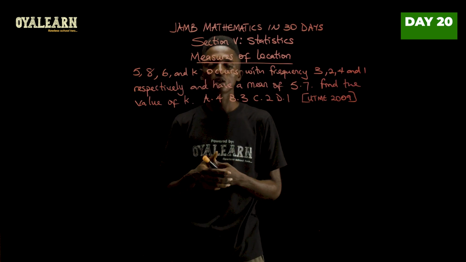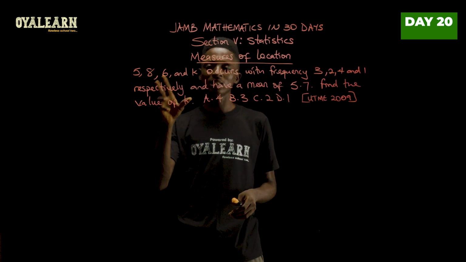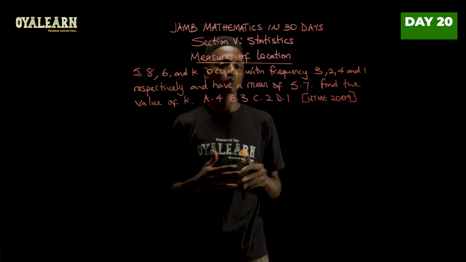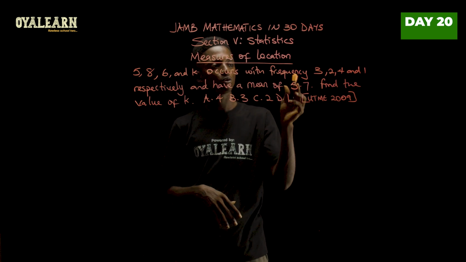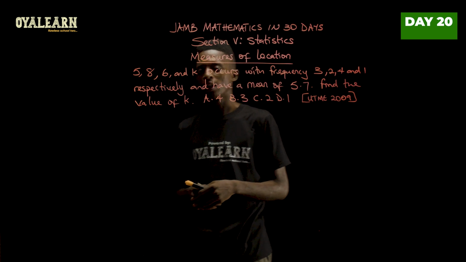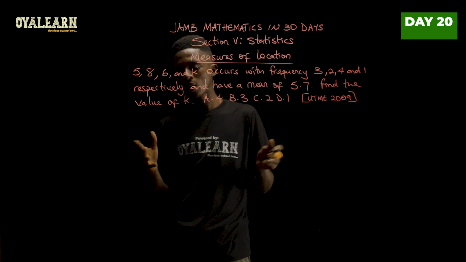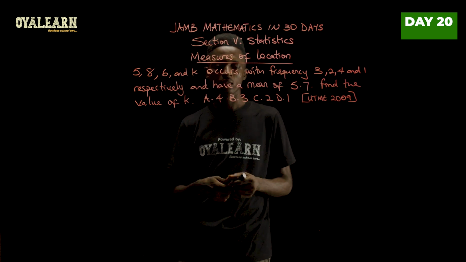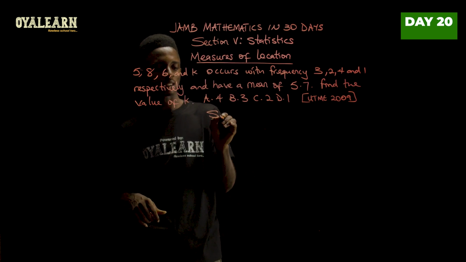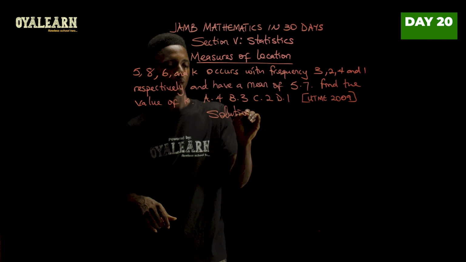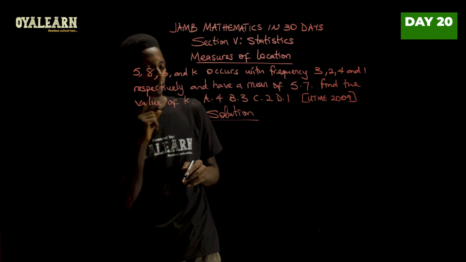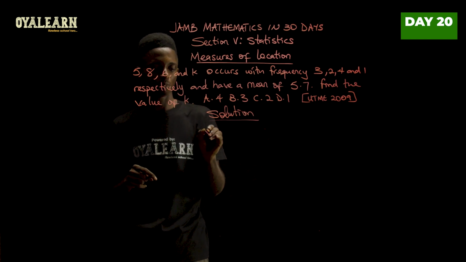In this question, we're told that 5, 8, 6, and k occurs with frequency 3, 2, 4, and 1 respectively. And they have a mean of 5.7. So now we have to find the value of k. So when you have this set of data, we can solve it using the table, but there's an equation here we have to bear in mind.